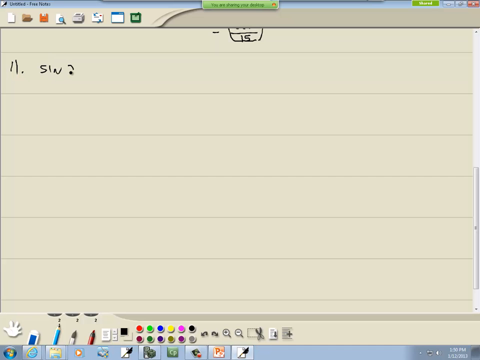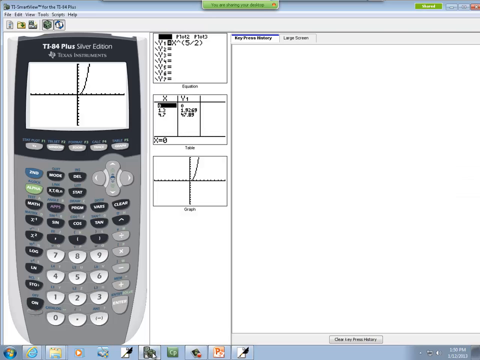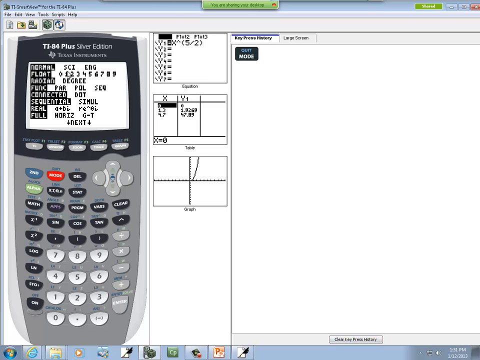Okay, we've got sine of 20 degrees. Go to my calculator here. I'm in graph mode, so I'm going to exit out, do a second mode. And if I press mode, it'll bring this up. And you see the third one down says radians and degrees. If I down arrow to that line and press my right arrow, put my flashing cursor on degrees and press enter, that'll highlight degrees.